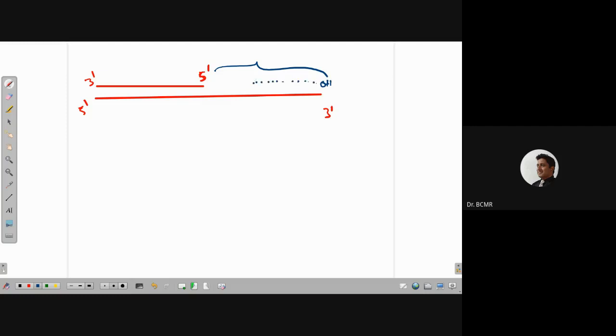Otherwise, it cannot. So there is something called an enzyme. It's a ribonucleoprotein. What does that say? That means it has two components. That is, it has an RNA component and it has a protein component.